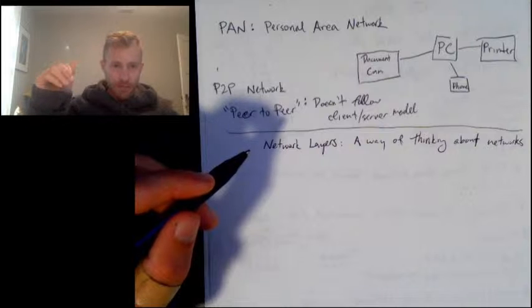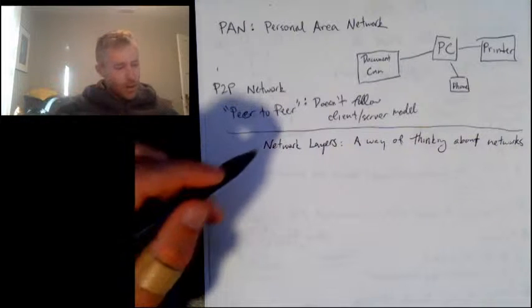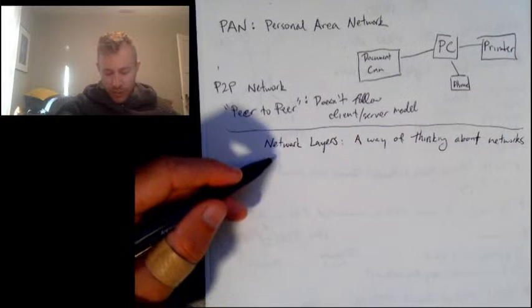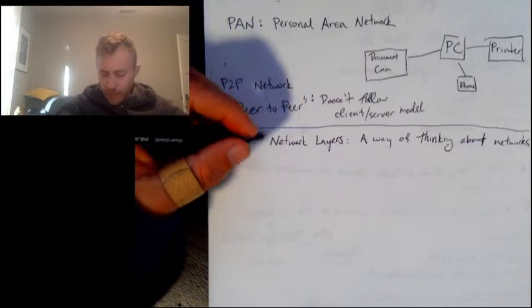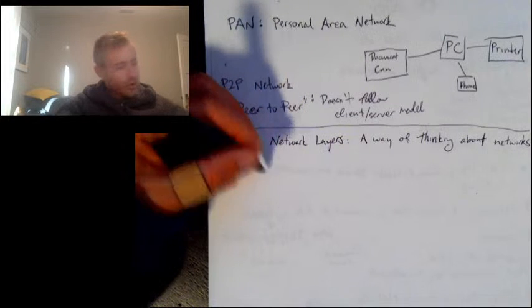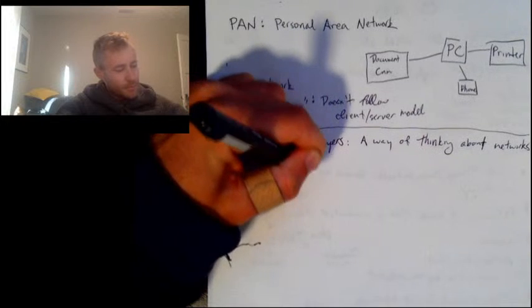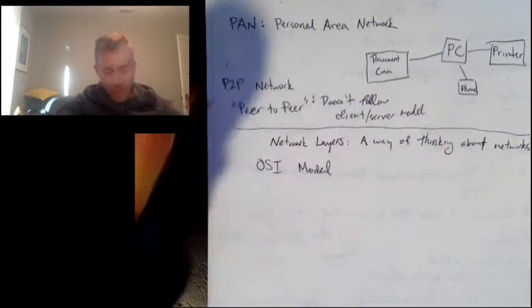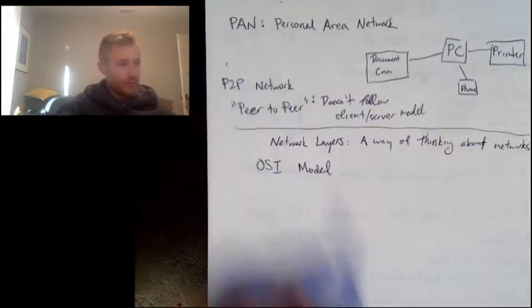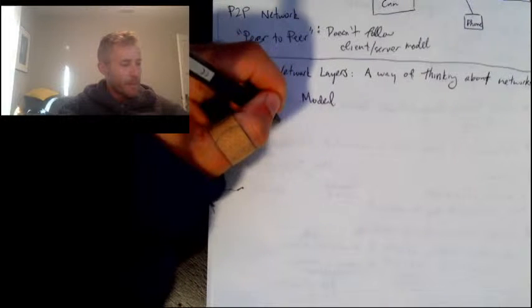Okay, and so the model that is used in IB is called the OSI model. Okay, and it has 7 layers.